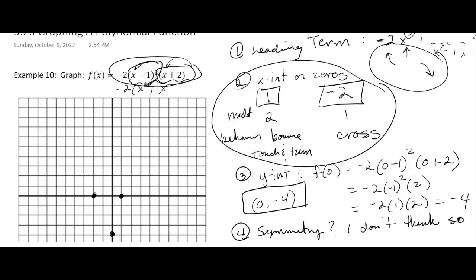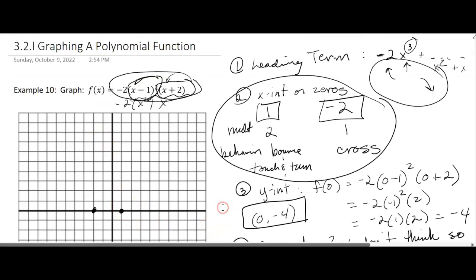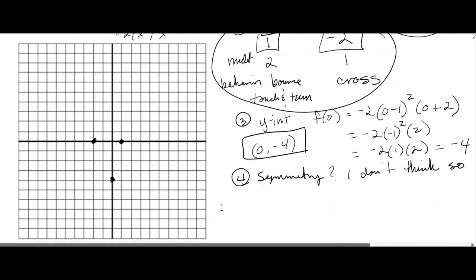And then the last thing is turning points. Well, we know the highest degree is 3. Let me scroll back up if I can. This new computer does not want to let me scroll. There it goes. Yeah, it was an x cubed.